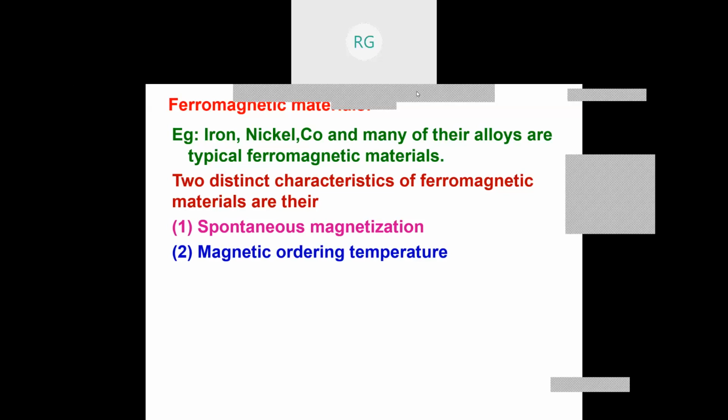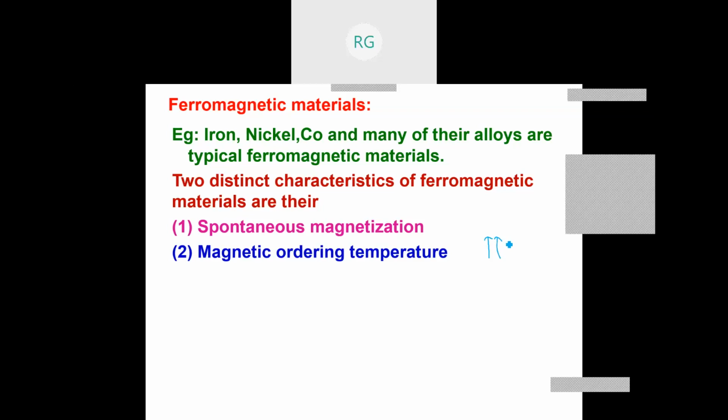Therefore, the basic characteristic of a ferromagnetic material is to have equal dipoles oriented in the same direction. That means the dipoles will have the same magnitude, but all of them are oriented in the same direction, like this. This is called magnetic ordering.